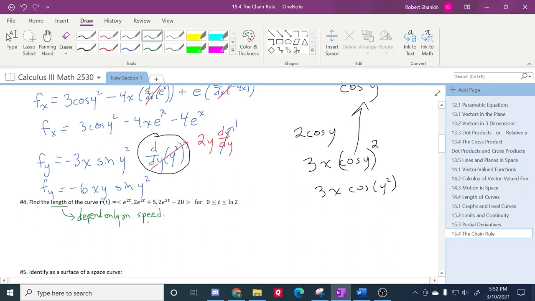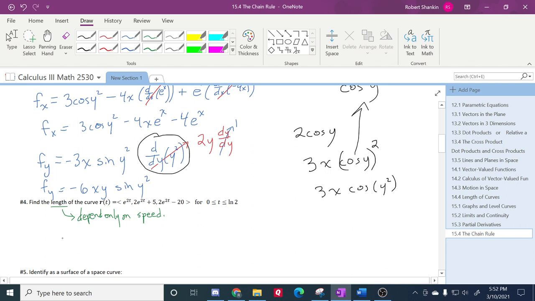If you're going 2 miles an hour for 3 hours, you are going to travel 6 miles, no matter whether you go around in little tiny circles or in a straight line. That's it. So this is the position, r of t.